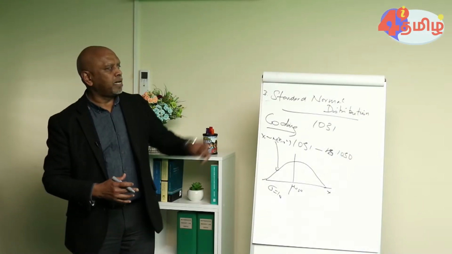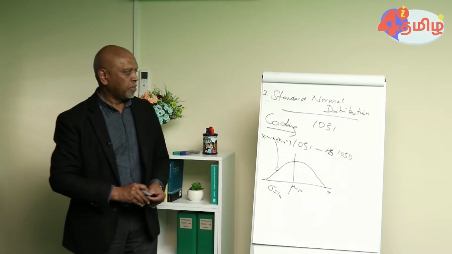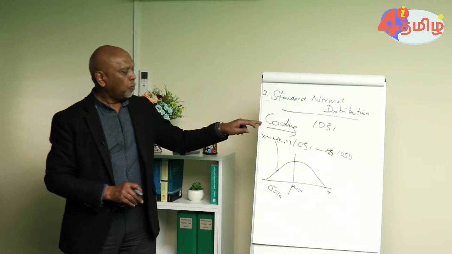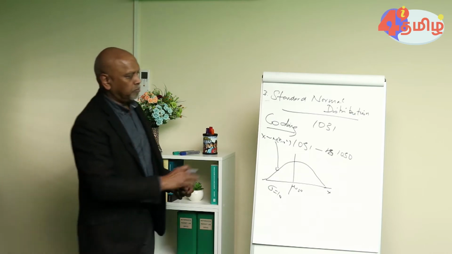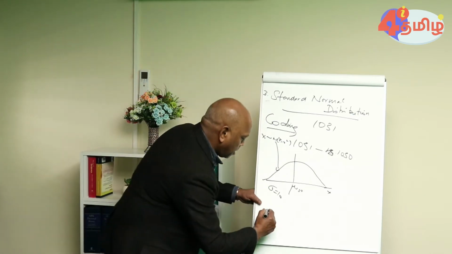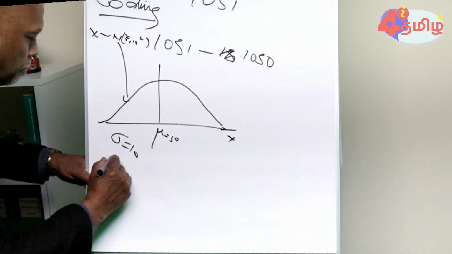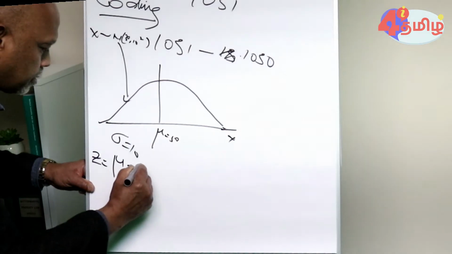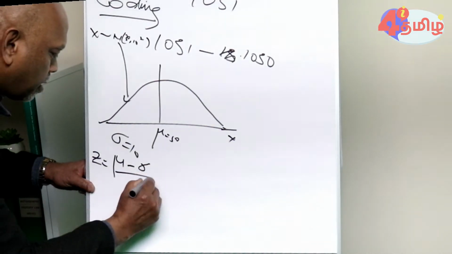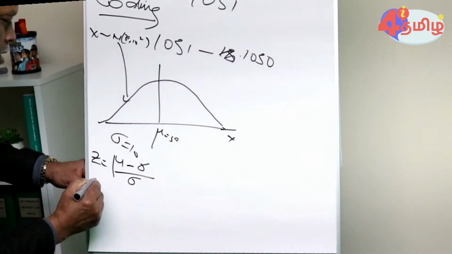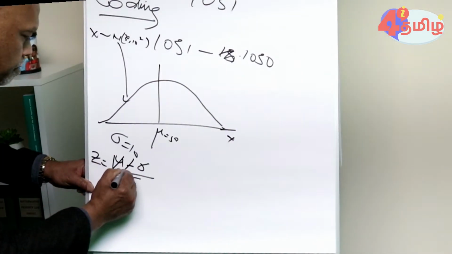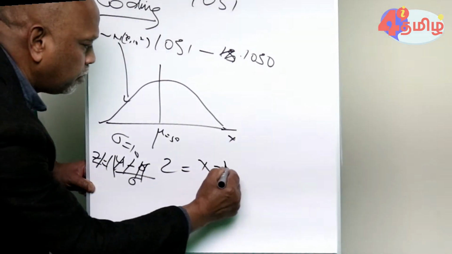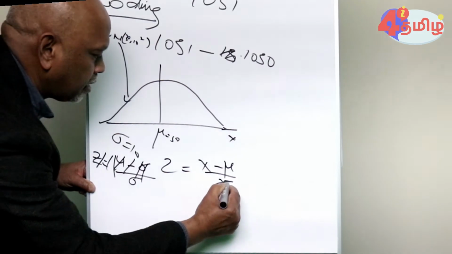But we talked about standard normal distribution. In order to go to standard normal distribution from normal distribution, we have to use coding. The coding for this particular work is z equals x minus mu divided by standard deviation.